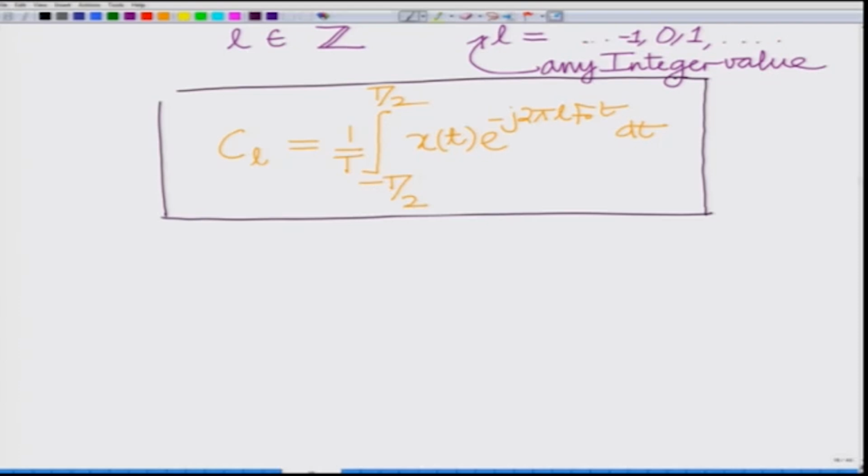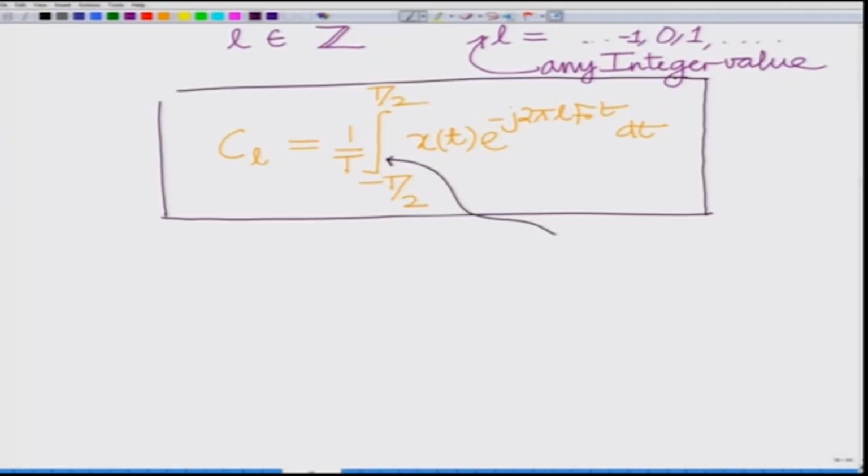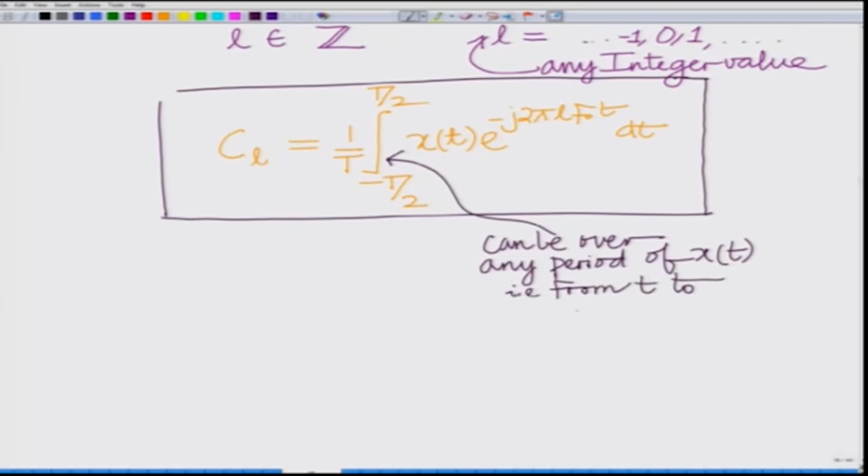It can be over any period, that is, it can be from any small t to small t plus capital T, where capital T is the period. So, you can start at any small t and carry out the integration from small t to small t plus capital T, because after all the signal x(t) is periodic.